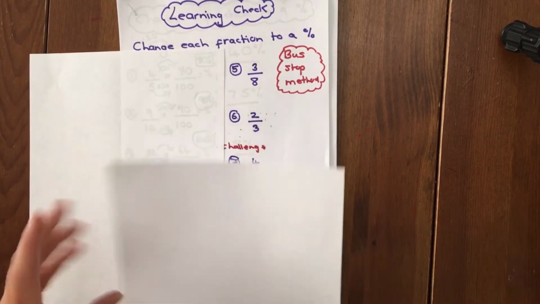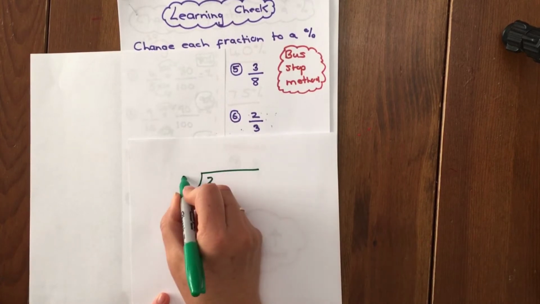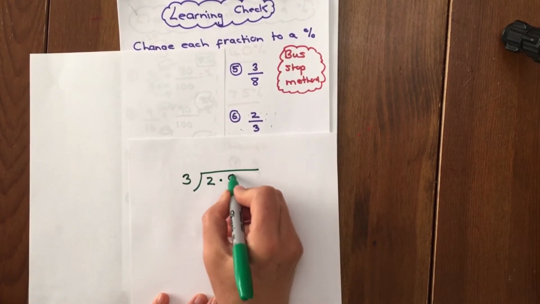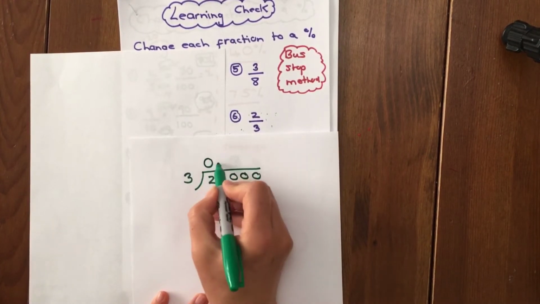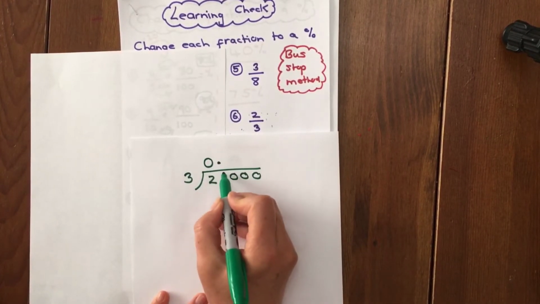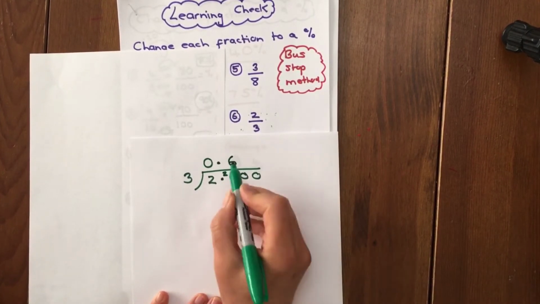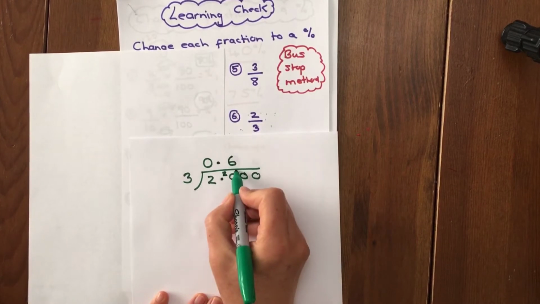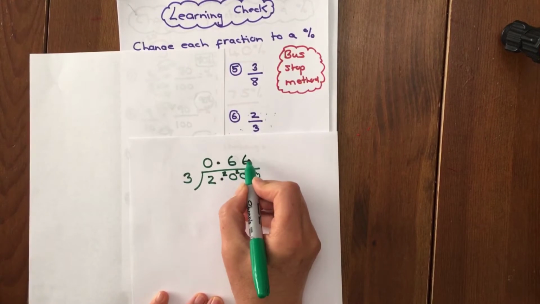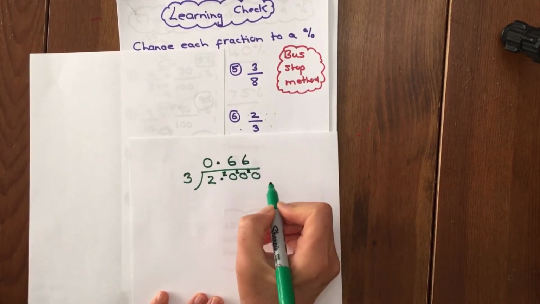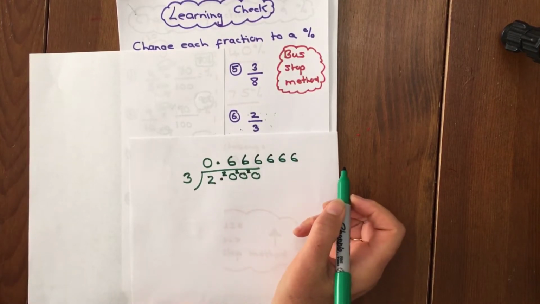So if I go through that one with you, I've got 2 on the top, 3 on the bottom, so it's 2 divided by 3, put some zeros down. 3 into 2 doesn't go, I carry the 2 over, there's 2 left over. 3 into 20 goes 6, 3 times 6 is 18, 2 left over. 3 into 20 goes 6 again, and you can see it's going to carry on like this.